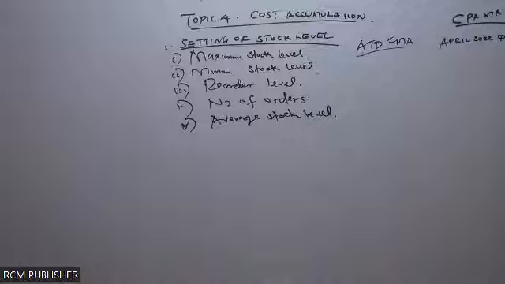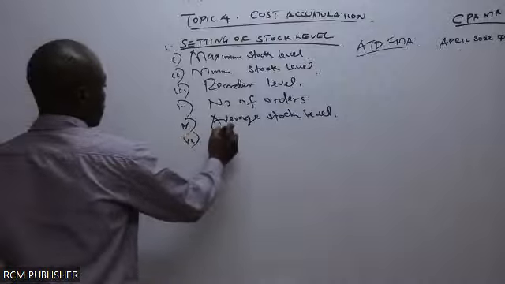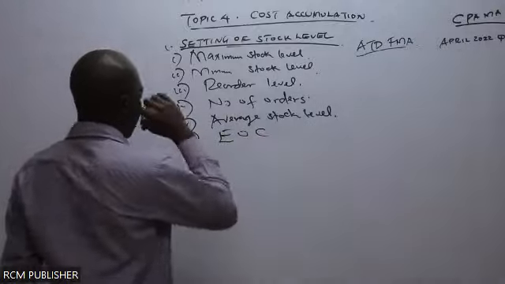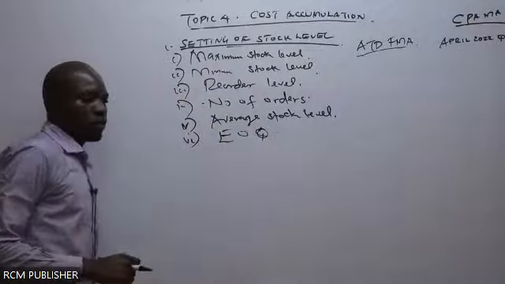I think the only thing that we did not look at, but is still within the area that we are discussing, is the number of orders. Number of orders is what we are going to look at, as well as we are going to move to concept number 6. The economic order quantity will help us to get this concept of number of orders.